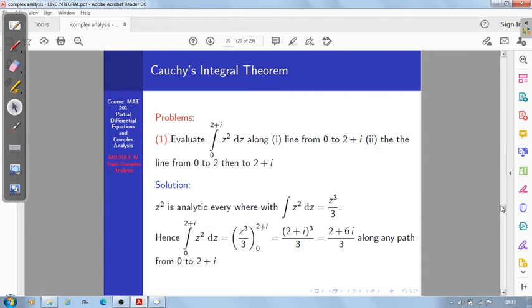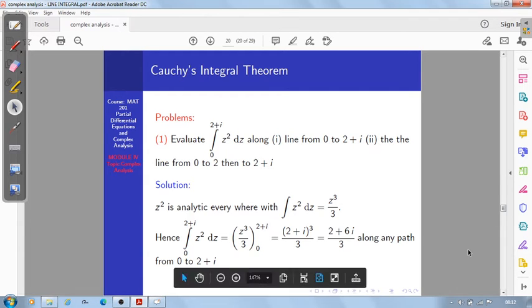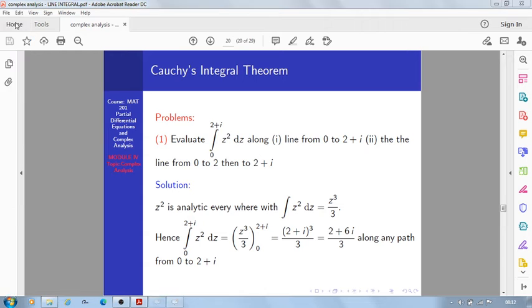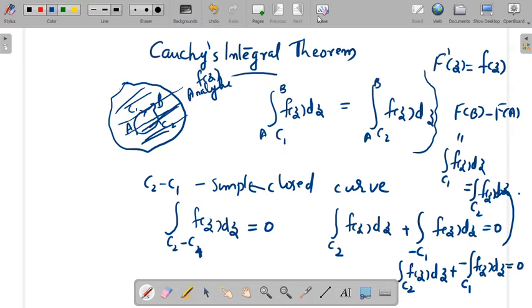And I mentioned that this is because z bar is not an analytic function. So here we are going to find integral 0 to 2 plus I z square dz along the line from 0 to 2 plus I and also the line from 0 to 2, then to 2 plus I. So we are finding the integral of this function along two different paths.